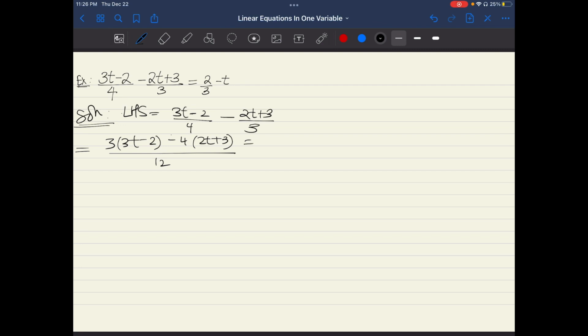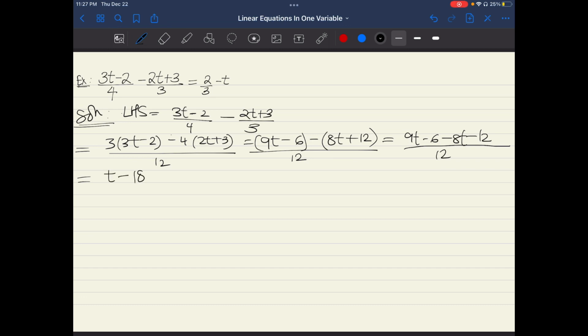Now simplifying this, we get 9t minus 6 minus 8t plus 12 over 12, which is 9t minus 6 minus 8t minus 12 over 12. And now simplifying this, we get t minus 18 over 12. So this is our LHS.